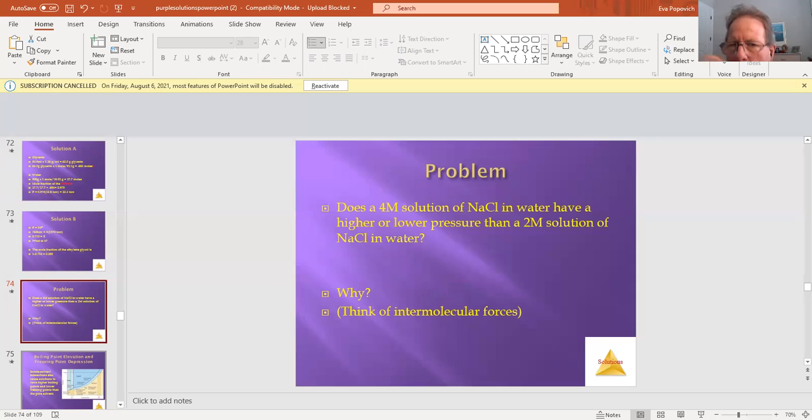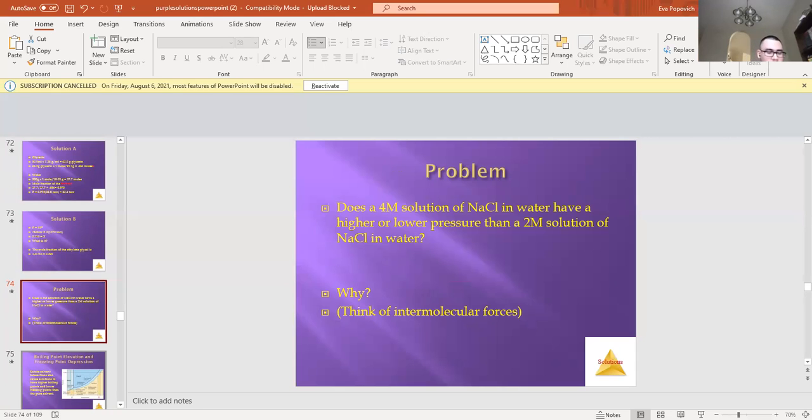Absolutely. A 4 molar solution, to explain it in depth, has a higher mole fraction of NaCl than a 2 molar solution does. Does that make sense, Leonardo? Yeah.